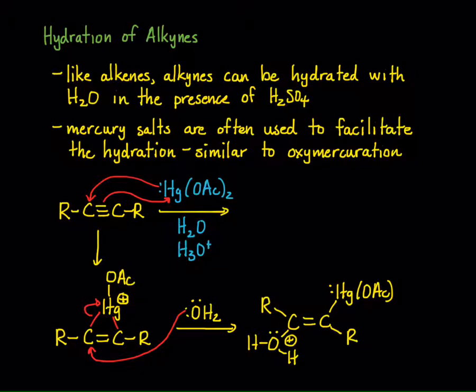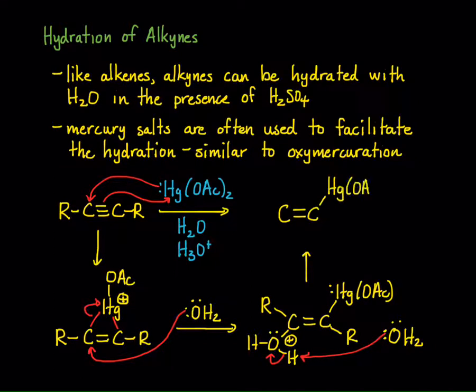And so now all I have to do is simply deprotonate with water, and I get this. So I end up with a mercury salt, which is very similar to what I get in the oxymercuration step, right? Now there is a little bit of difference here because if you recall in oxymercuration, I have a carbon-carbon single bond and I have this mercuric salt.